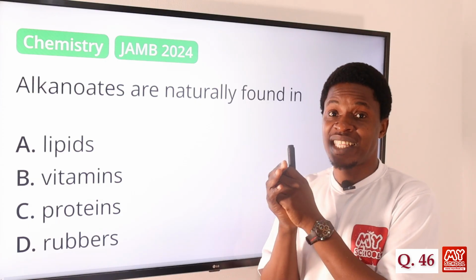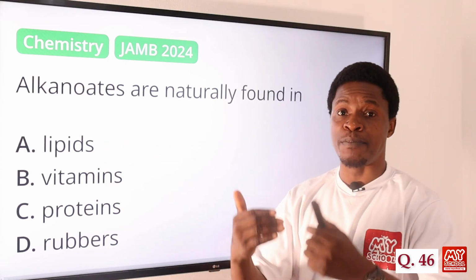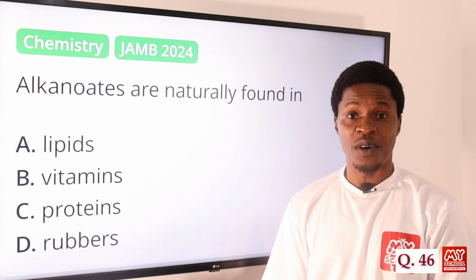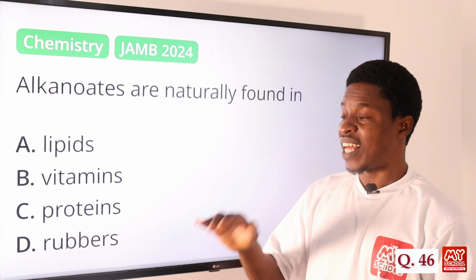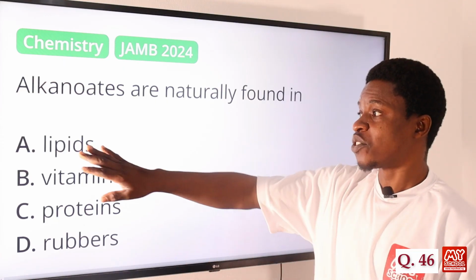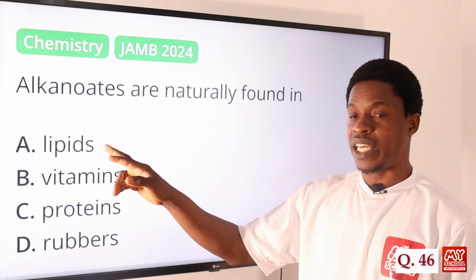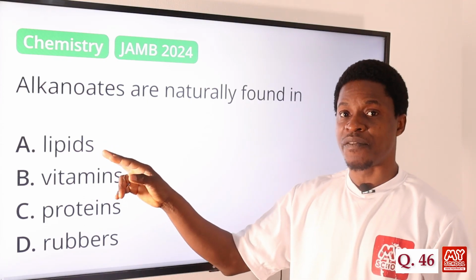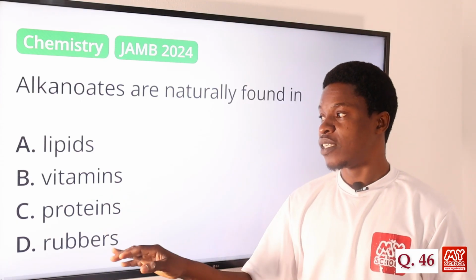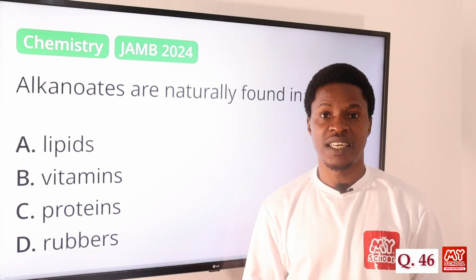Lipids are the building blocks for fats and oils, when fatty acids are eventually broken down. So alkanoates are naturally found in lipids, because that's where we get our fats and oils or fatty acids from. Not vitamins, not proteins, not rubbers. So option A is the correct answer.